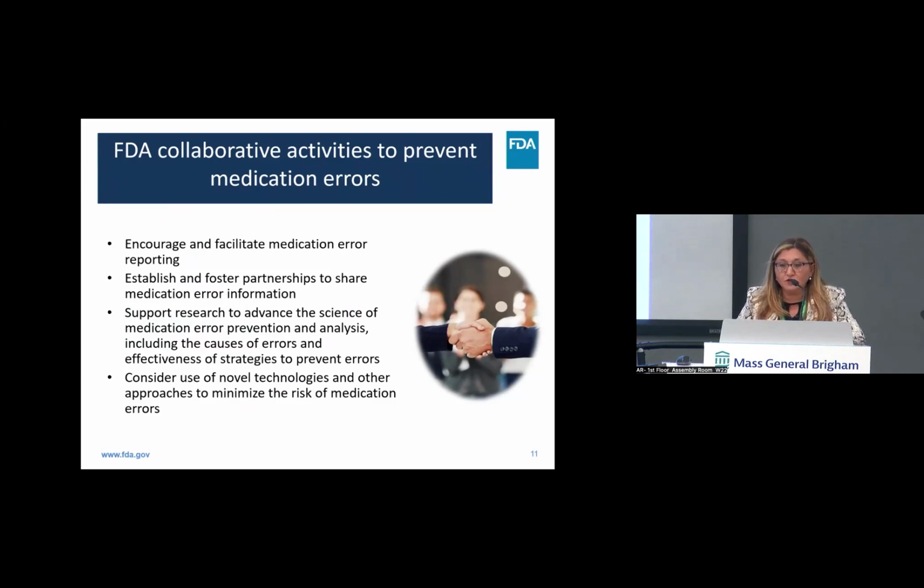We consider using novel approaches when we're reviewing, and other approaches that potentially can minimize medication errors. Our intent is, prior to a medication going on the market, to do what we can to prevent the error from happening. However, the reports that we receive in the post-market space inform our review. That's why it's very critical to receive those reports.